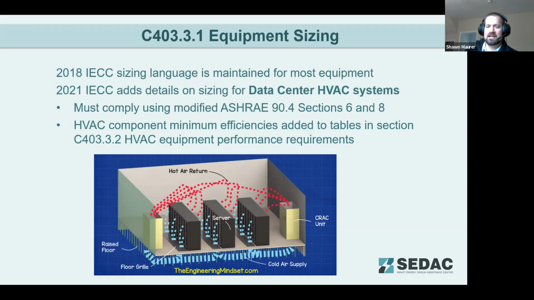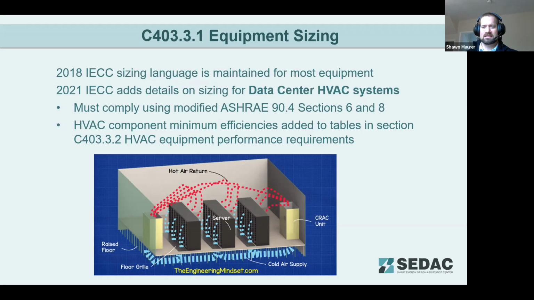And that's the ASHRAE 90.4 standard listed here. The 2021 IECC does modify it slightly. Sections 6 and 8 have some tables in them that the IECC modifies a bit from what the standard has. But in general, you're following that standard for data center equipment sizing.